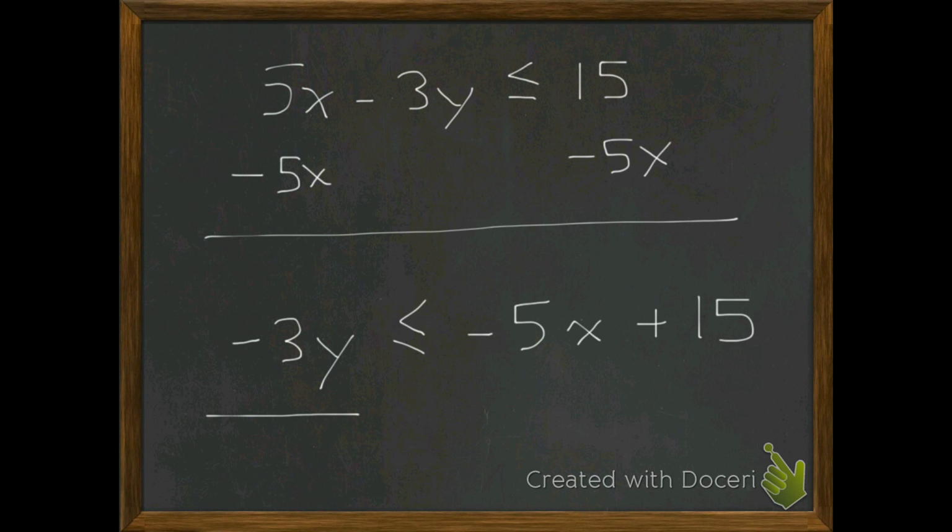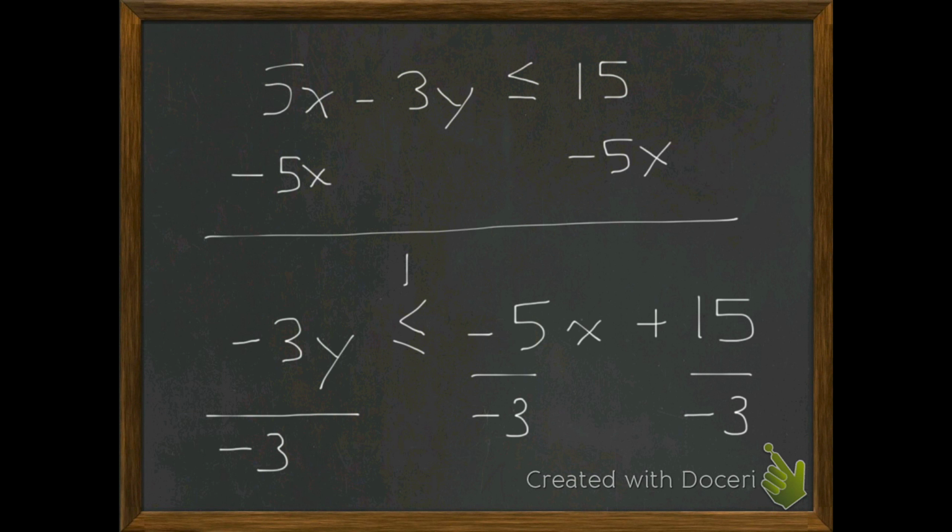Now I've got to divide every single term by negative 3. Now have I multiplied or divided by a negative number? Yes, I have. I just divided everything by negative 3. So the left-hand side is going to be a y. This has to change.